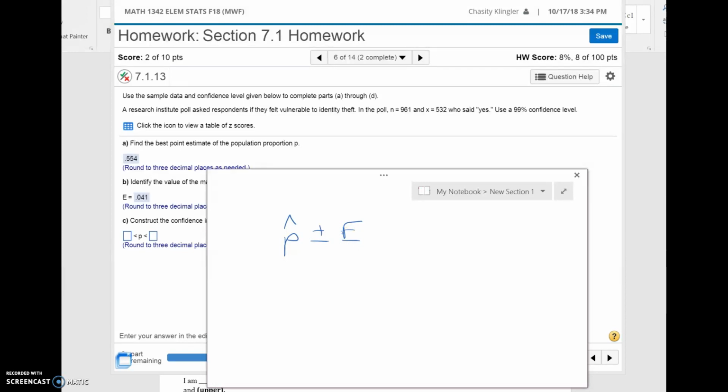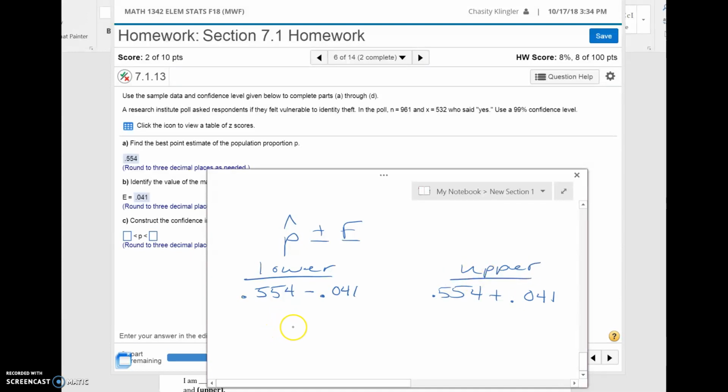When you add, that'll give you your upper bound. So you're going to have 0.554 minus 0.041, and that'll be your lower bound. And then you'll have 0.554 plus 0.041 will be your upper bound.